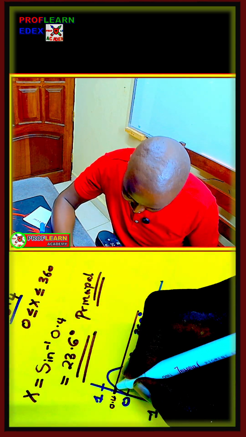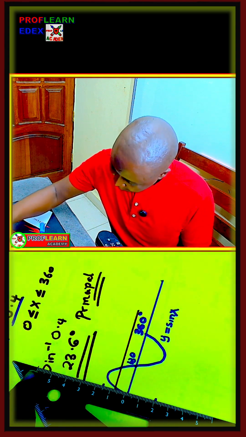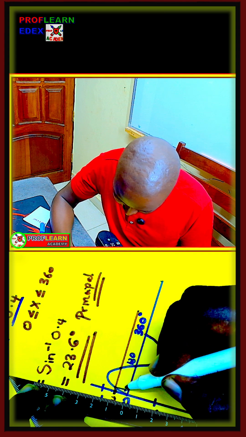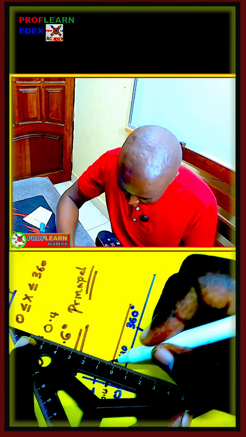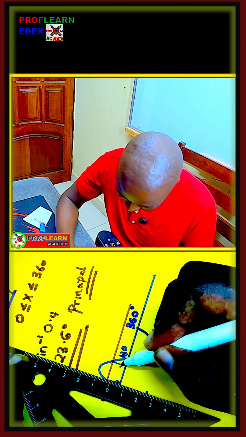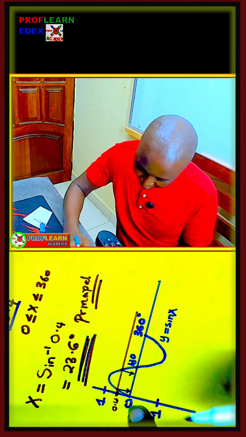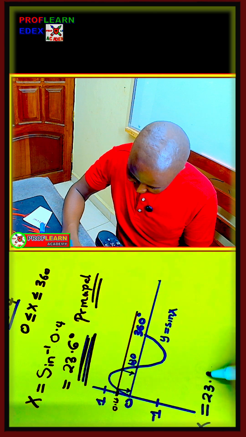We have 2 points, this point and also this point. So that means we have two solutions. The first solution will be here, and the second solution will be where it crosses again there. So the first solution is this one here: x equals 23.6 degrees.